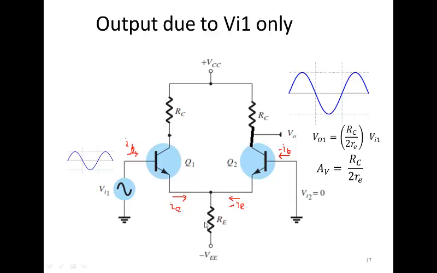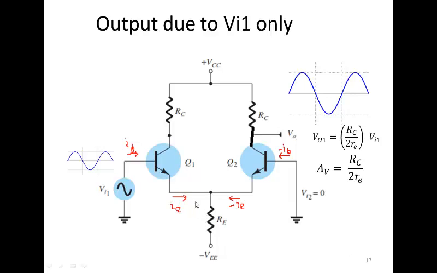So if this current is 0, it means the potential here is not changing. That's why, if this current remains at 0, the only possibility is that the potential remains constant at this point.